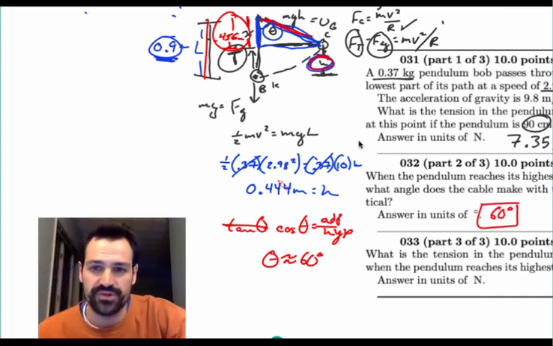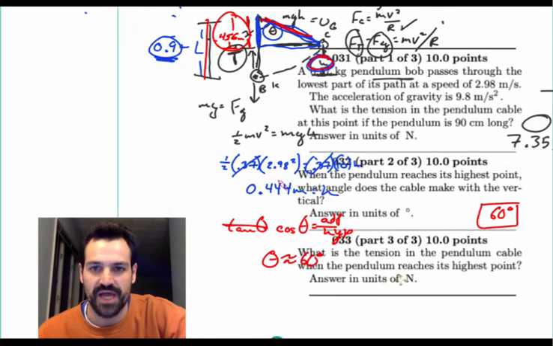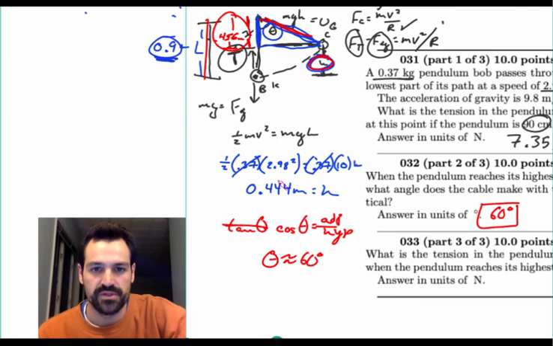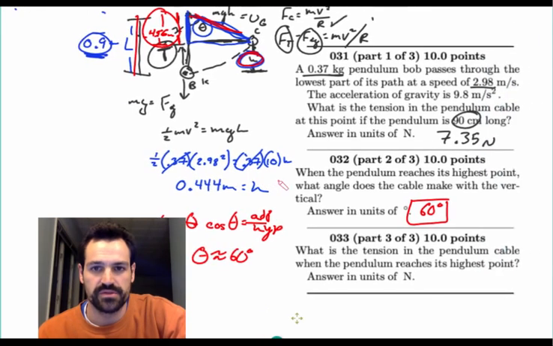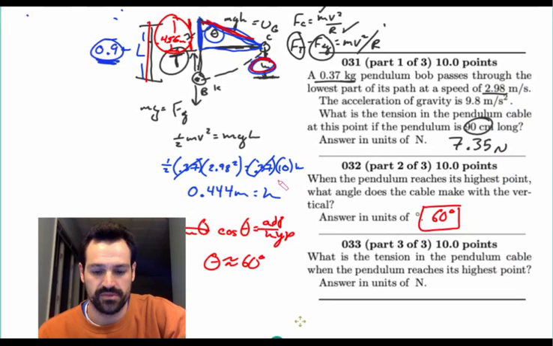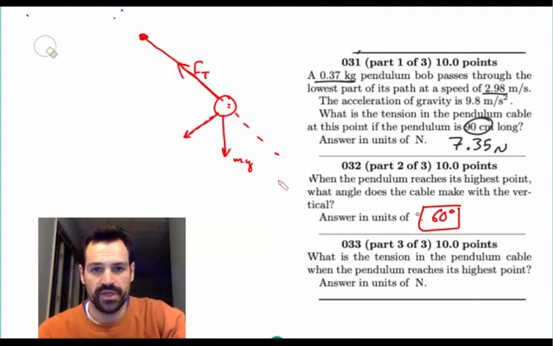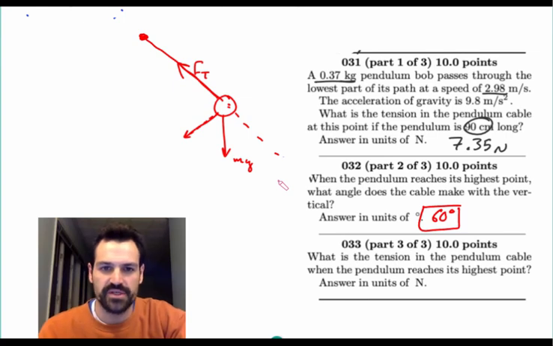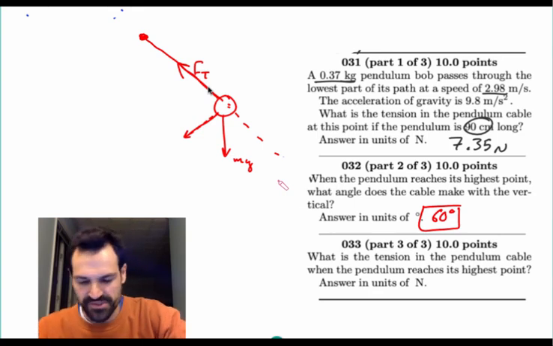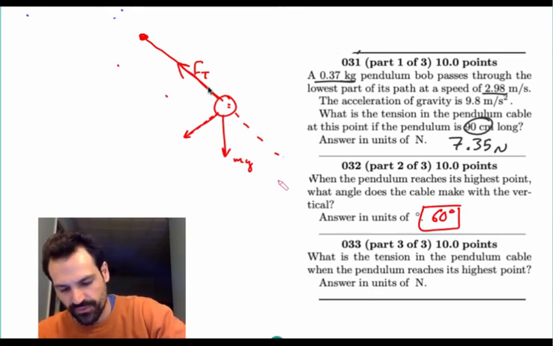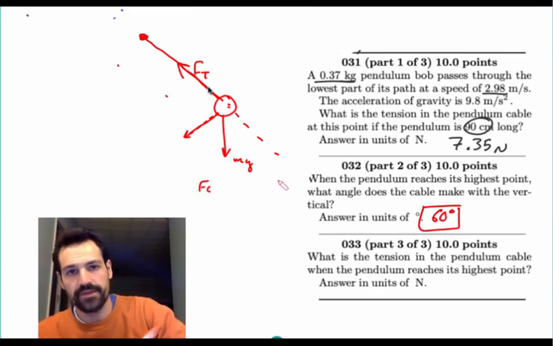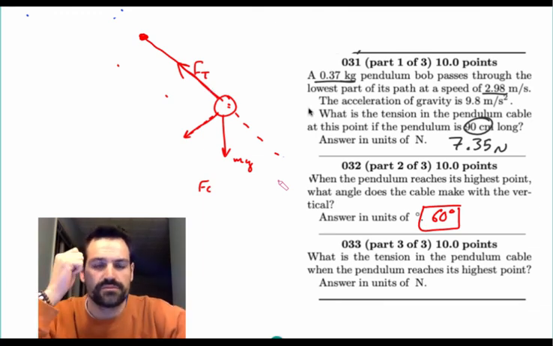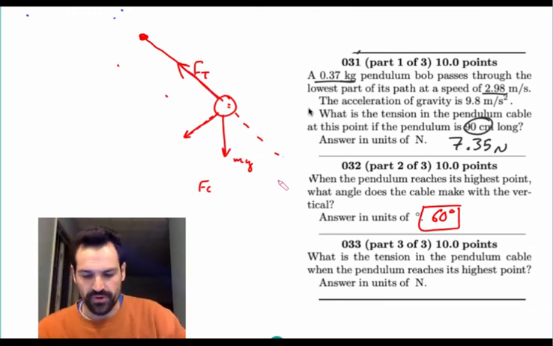All right, so 33, what is the tension in the pendulum when the pendulum reaches its highest point? And I would like to bring you back to that same thing I said in the beginning, where if they're asking you to solve for tension, your thought process should be centripetal force, where Fc is equal to mv squared over r.